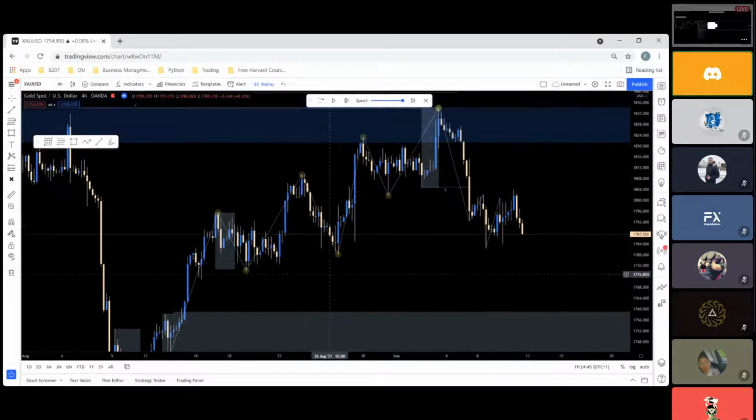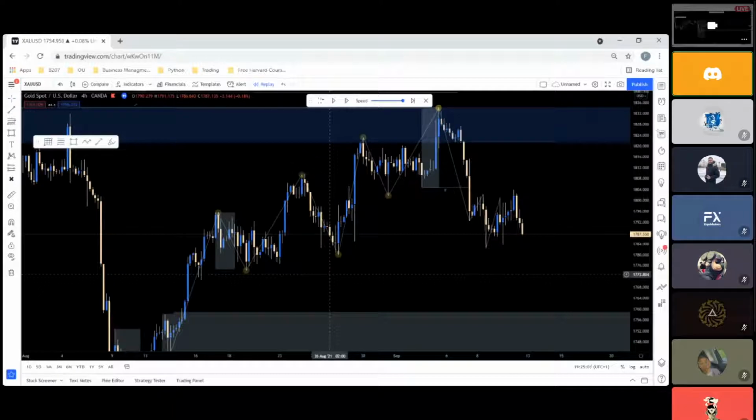So with gold, what I find, it will most commonly hit the 50% level if the price action's right. What I mean by that is I really look at the supply and demand zone candles and their formation.